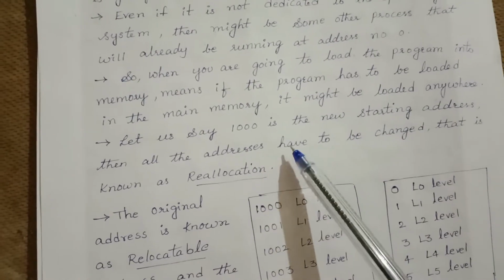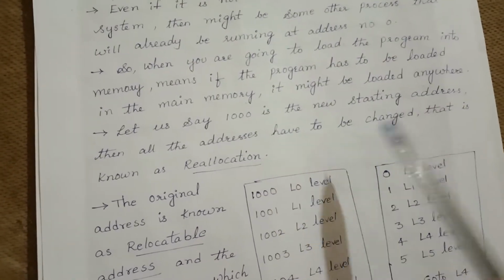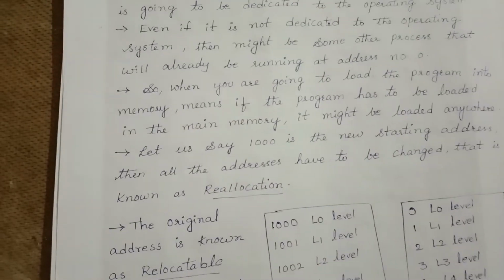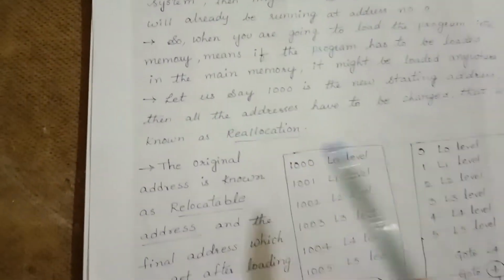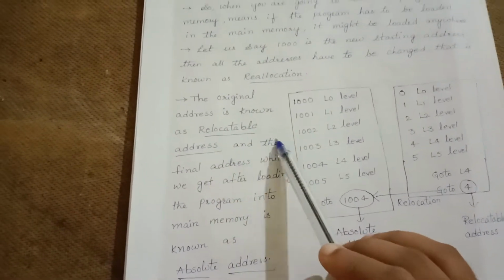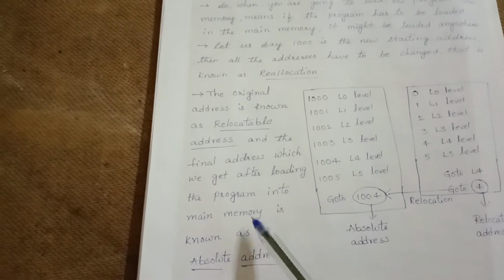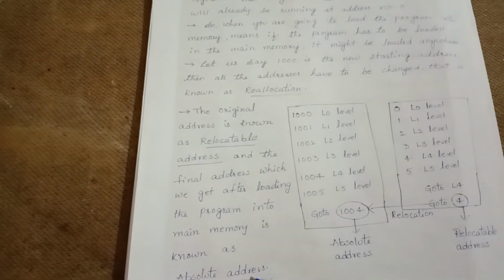So let us say 1000 is the new starting address, then all the addresses have to be changed. That is known as relocation. The original address is known as the relocatable address, and the final address which we get after loading the program into the main memory is known as the absolute address.